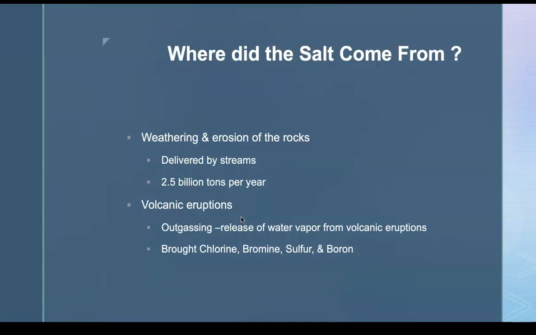So where did all that stuff come from? Well, mainly from weathering and erosion, which is the breakdown and transportation of rock material at the surface of the earth. As rocks break down, for example, you might be familiar with how lakes can have algal blooms. If you live around here, everyone loves to go to Sylvan Beach, and sometimes they just have to close because the algae bloomed, and maybe you know why, maybe you don't.